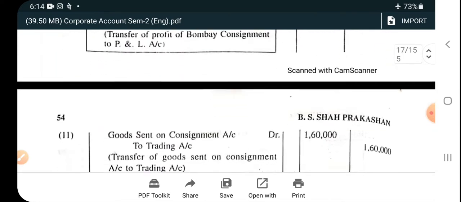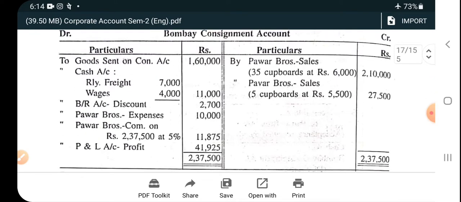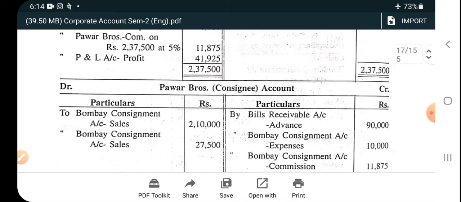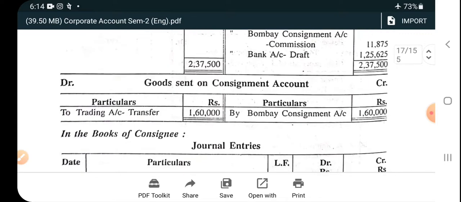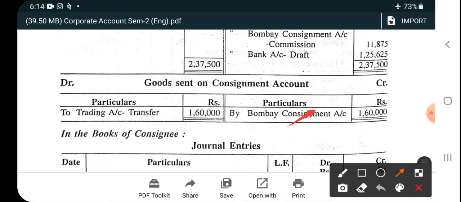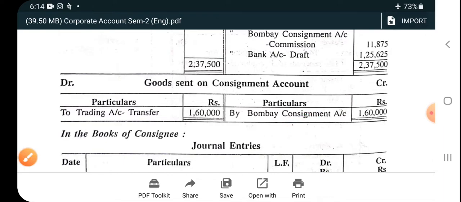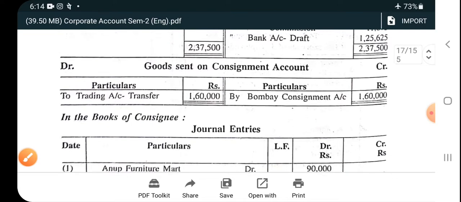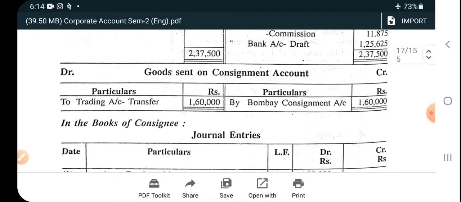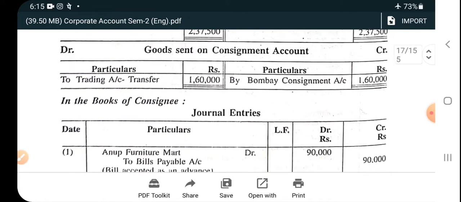The first effect is on the debit side of the consignment account, goods sent on consignment 1,60,000, and another effect is on the credit side of the goods sent on consignment account in the book of the consignor. So entry number one comes to an end. There is no entry for this in the book of the consignee.